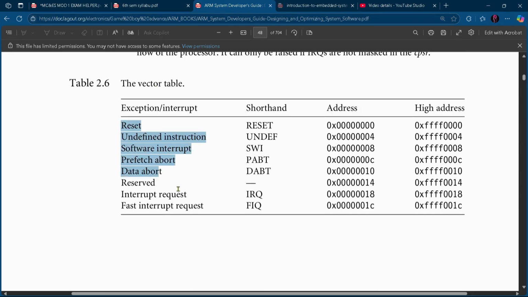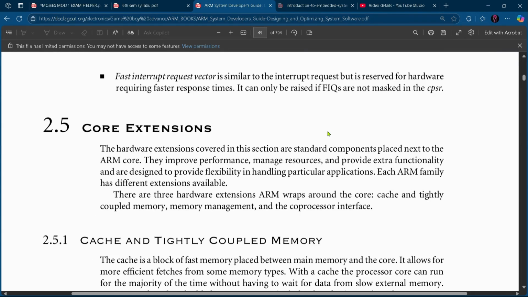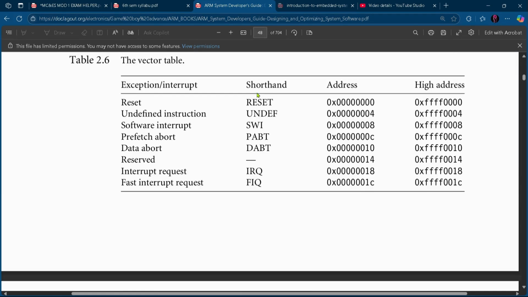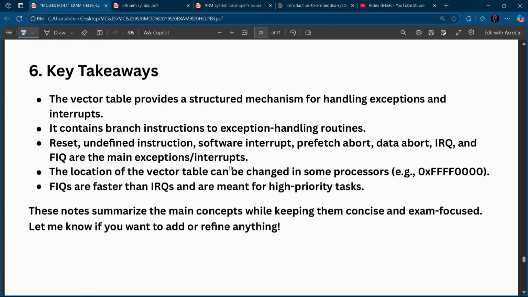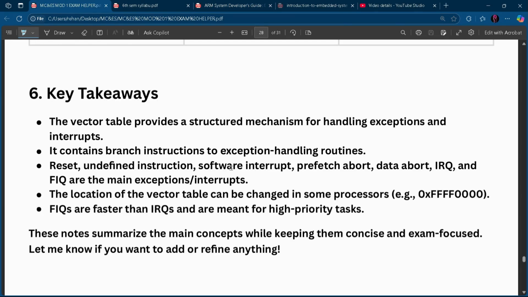What we saw over there is the exceptions and interrupts. You just have to remember these addresses. It's so easy. We also had the description over there. It's quite small and I have explained in detail, so it should be very easy for you guys to remember all these things now.